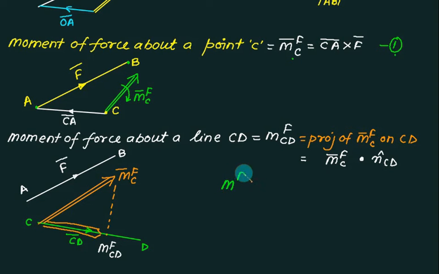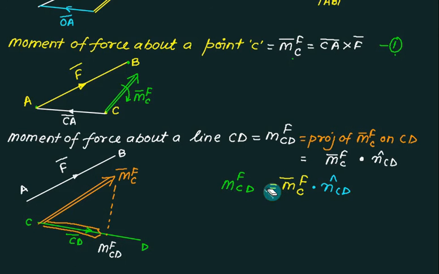You can split the words: the moment of the force about C is a vector quantity, and in the second step you consider these two points and write the dot product with the unit vector along CD. I have given you how to remember it.